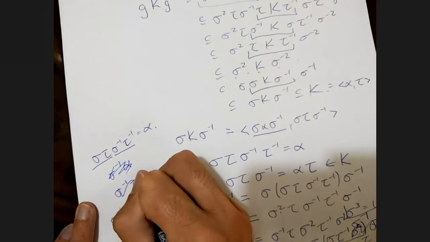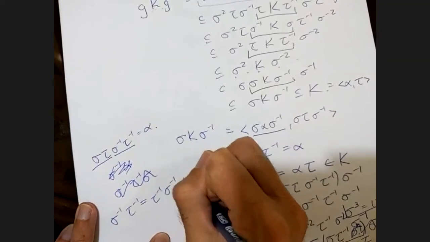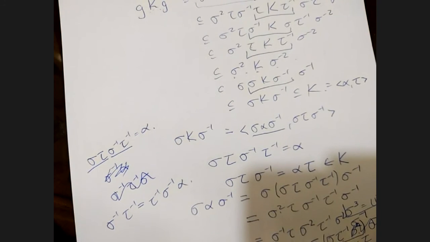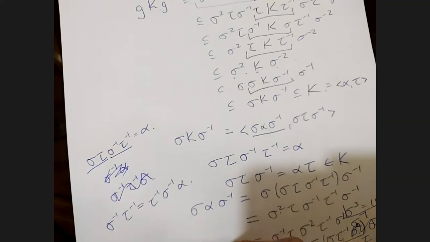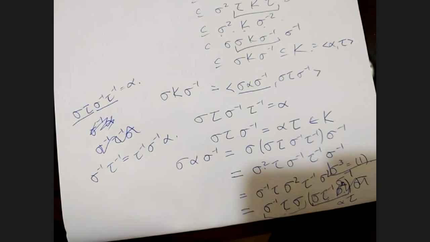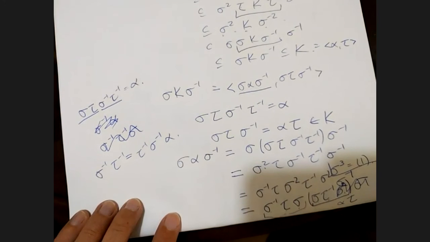You get sigma inverse tau inverse equals tau inverse sigma inverse alpha. Somehow you have to be able to relate it back.